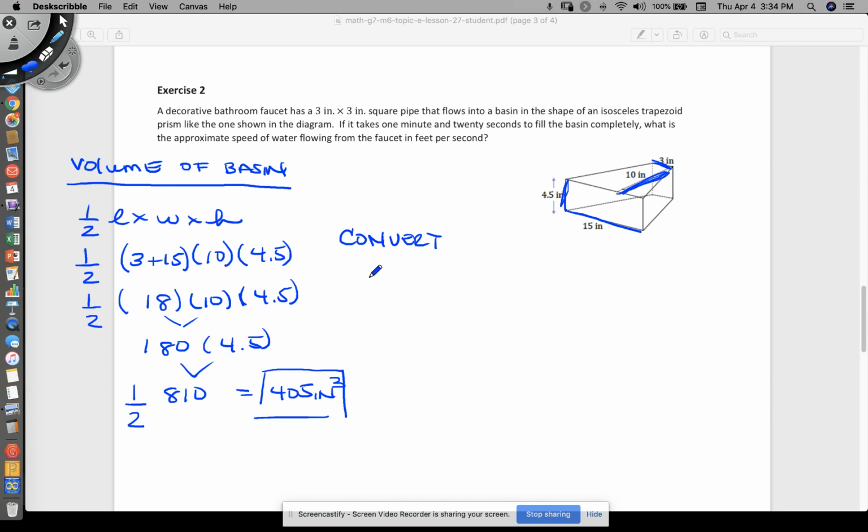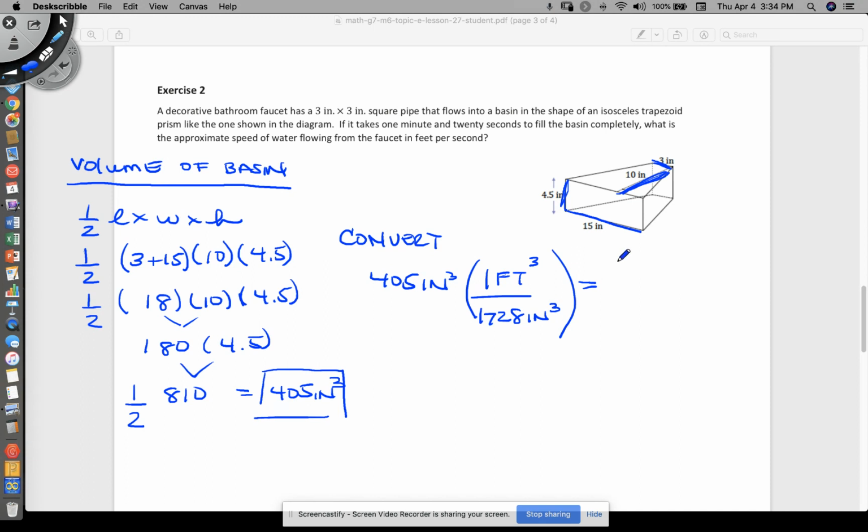So I'm going to say 405 inches cubed, and I convert that, that's going to be 1 cubic foot for 1,728 inches cubed, and that's just the conversion you need to know, I guess. Not something we typically memorize.